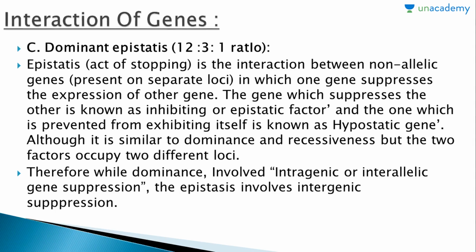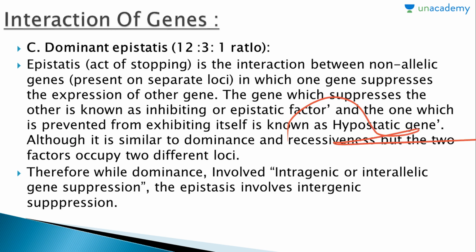Now dominant epistasis, 12:3:1 ratio. Epistasis, which means the act of stopping, is the interaction between non-allelic genes which are present on separate loci, in which one gene suppresses the expression of the other gene. The gene which suppresses the other is known as the inhibiting or epistatic factor, and the one which is prevented from exhibiting itself is known as the hypostatic gene.